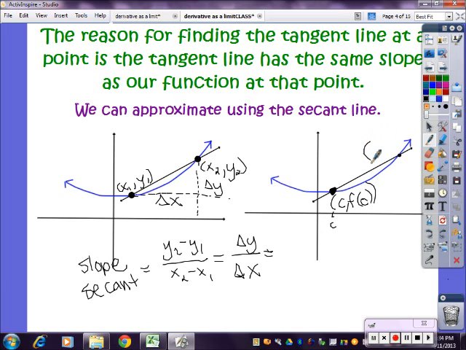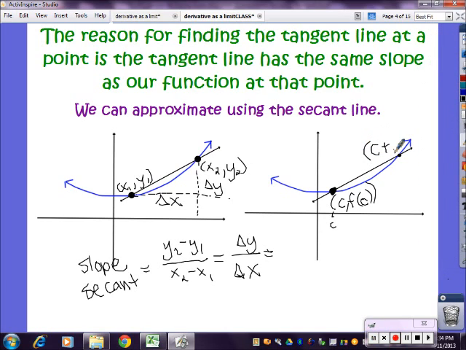Let's write that up here: c plus delta x. And then my y value would be plugging this into function notation, so f of c plus delta x. It's the same thing we did before, it just looks more complicated, but it's not.